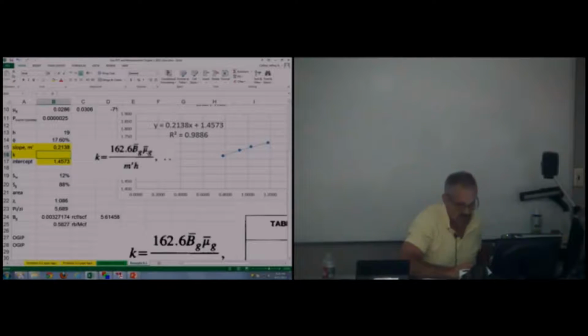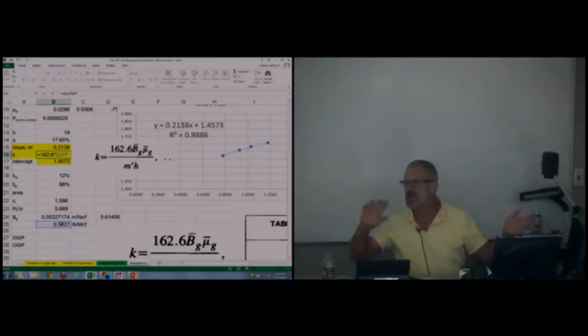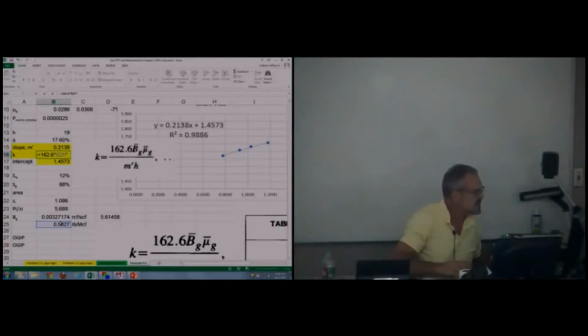Okay, same with mu G. Mu G, we're just going to use mu GI. We've got M and we've got H. Let's see, we got everything above there. So I can calculate K. It's equal to 162.6 times B sub G with their oil units, I call them oil units because they're reservoir barrels per MCF, times mu sub G. There's no difference between gas and oil. They're all measured in centipoise.